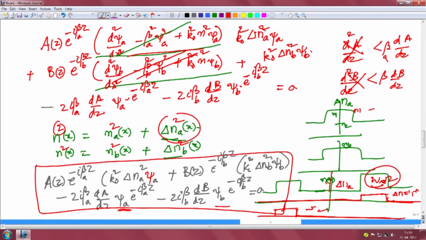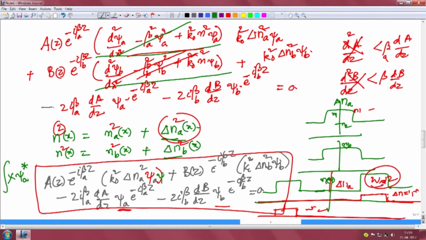So, I will rewrite this expression again, first using a different color to multiply and then later on erase. So, multiply by psi A star and integrate.